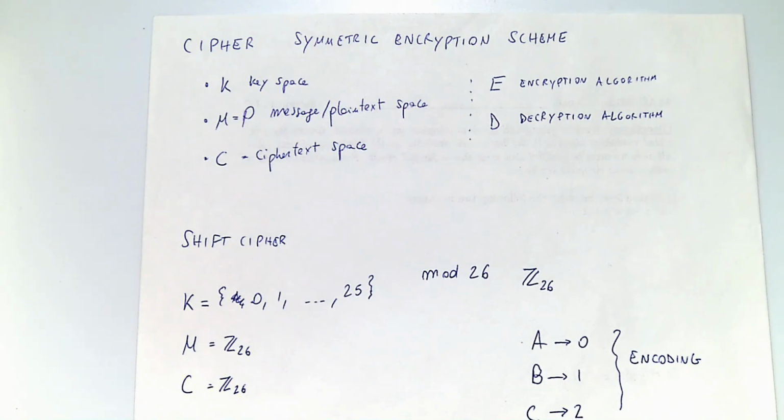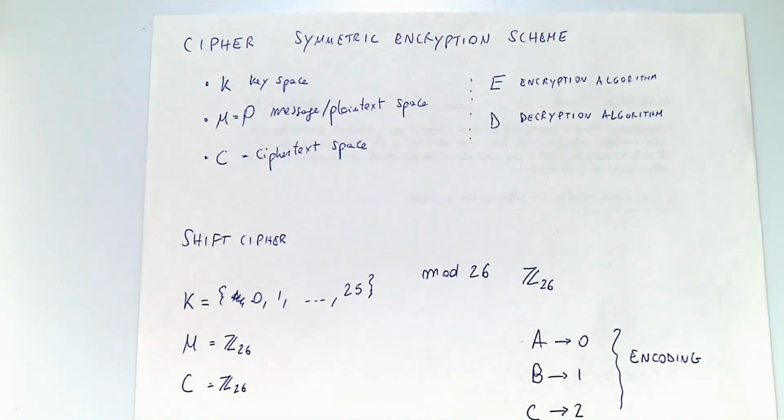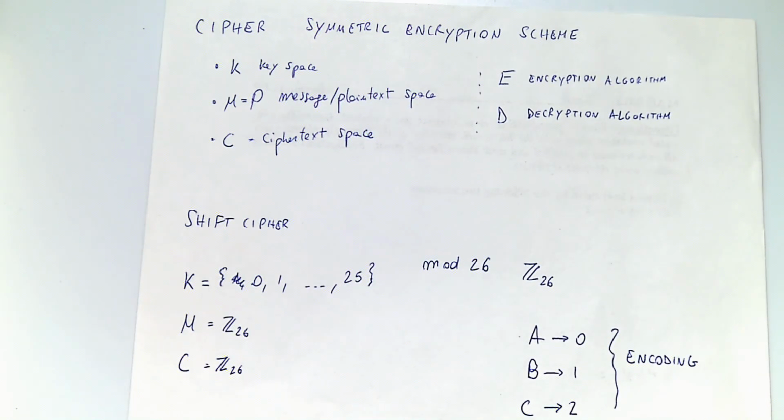And I can think of this as M equal to Z26, in which the message is just one letter. And then if I have a longer message, I just do the same thing, block by block. Or I can think of this also as M equal Z26 to a certain power N, a bunch of letters together. And then my description of my encryption algorithm will be different.